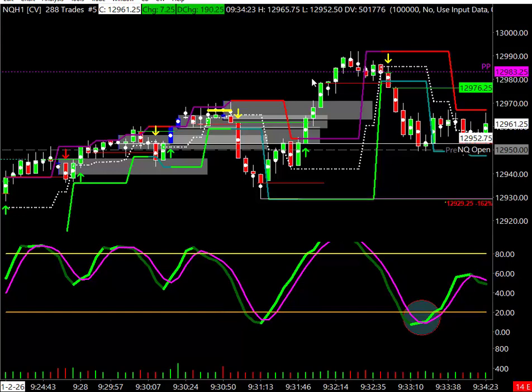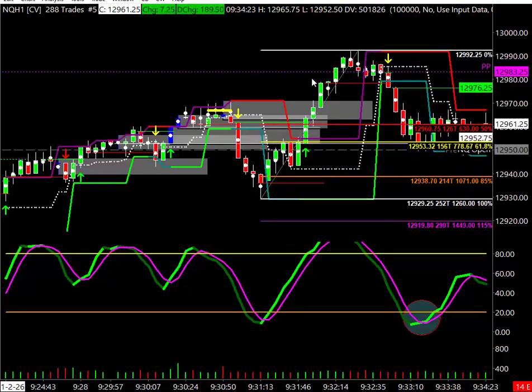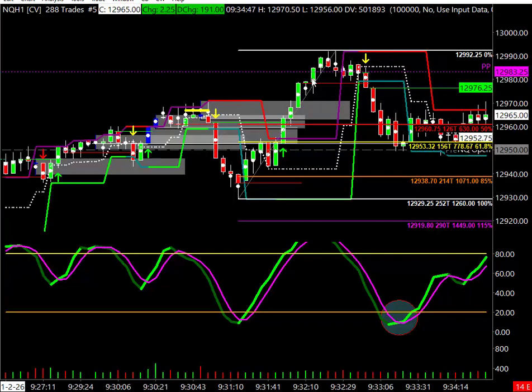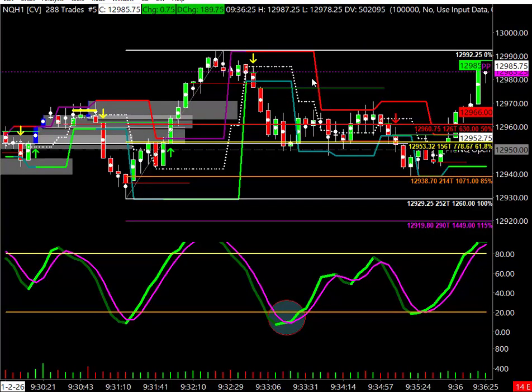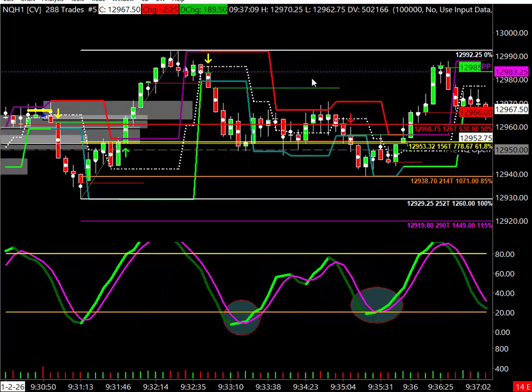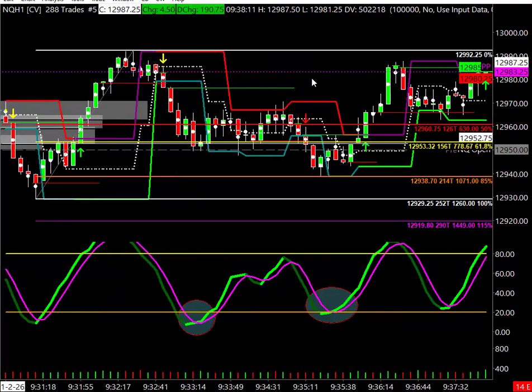Notice from the swing low at 931 and the swing high at 12,953, we dropped. We didn't make anything there. We got another support. Then our second hook came in with the new high, got right back up on the market here and pushed up again.